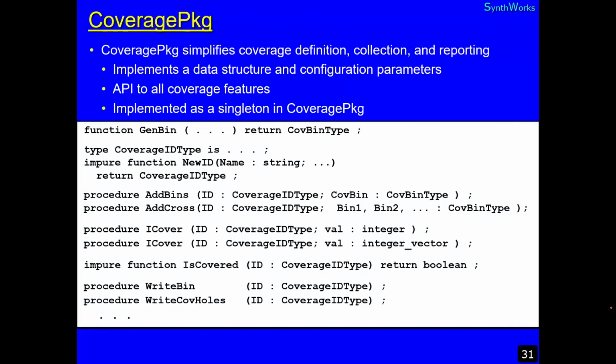So what we do for our coverage is we use a coverage package. Okay. So it simplifies our definition, collection, and reporting. It has a data structure internally, along with some internal configuration parameters. We have an API to all the coverage features.